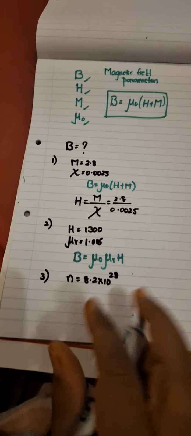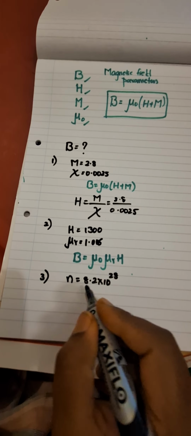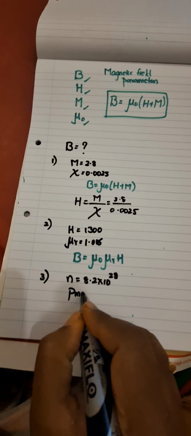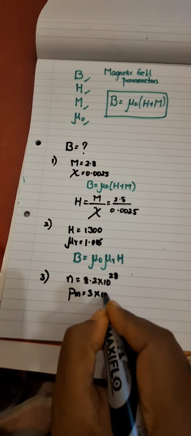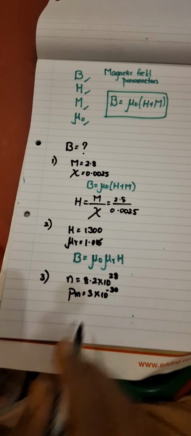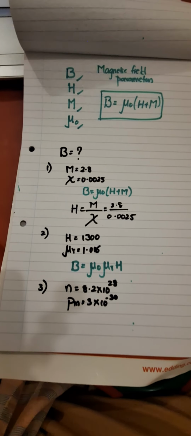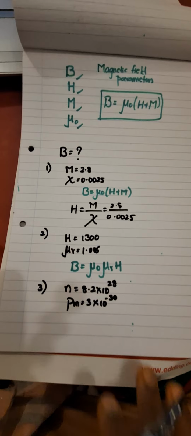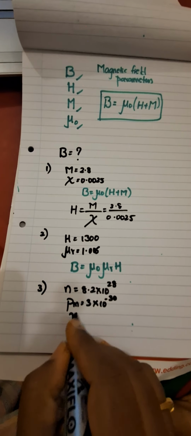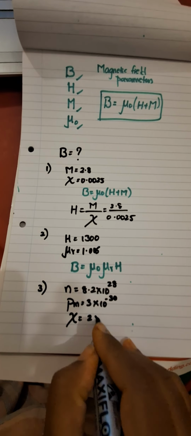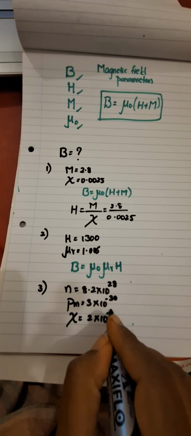And they gave the dipole moment, which is 3 into 10 power minus 30 ampere meter square. And they gave the magnetic susceptibility also, which is 2 into 10 power minus 4.